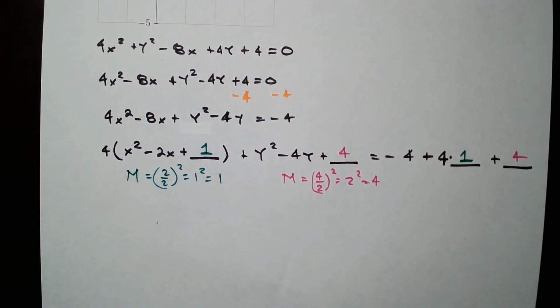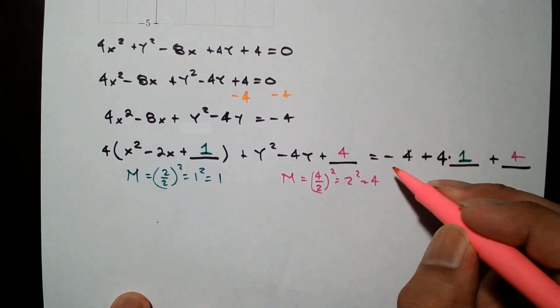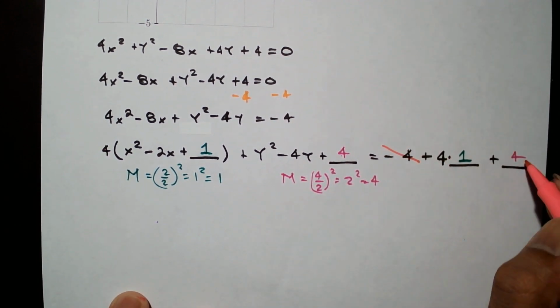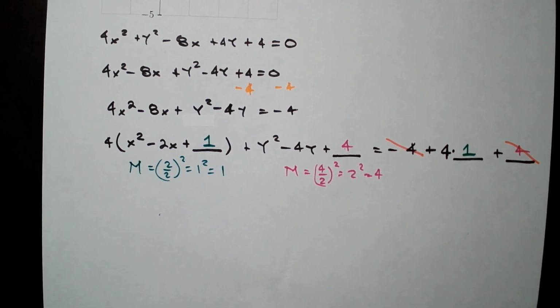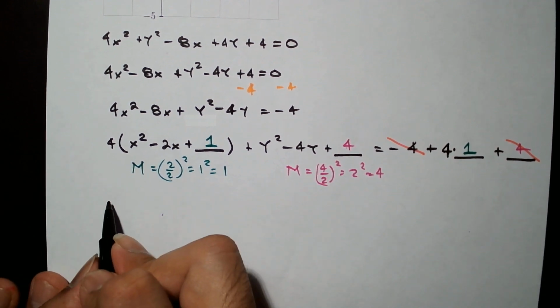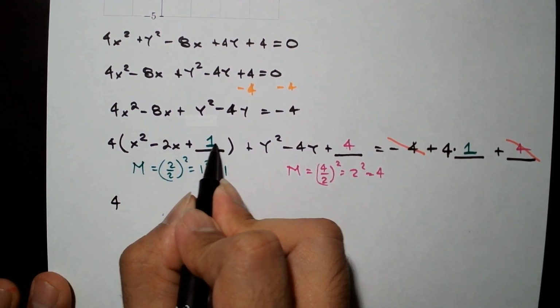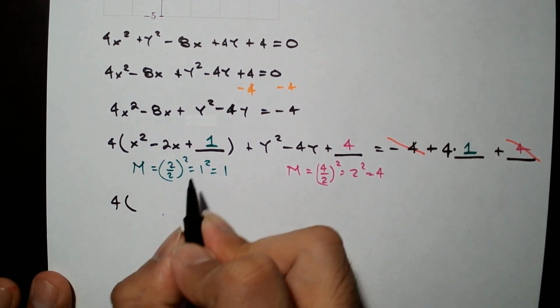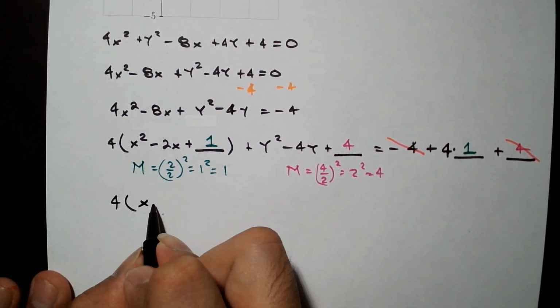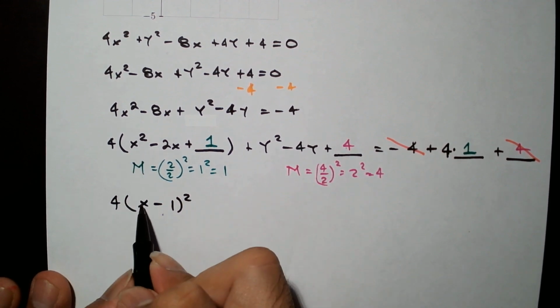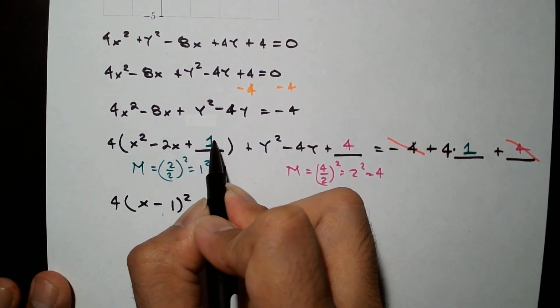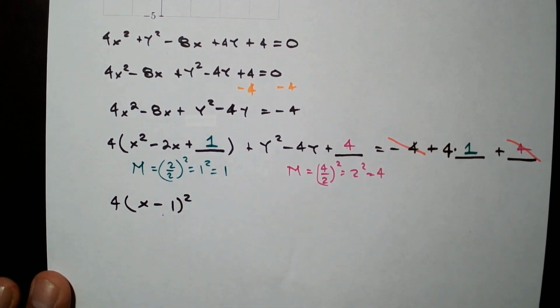All right, notice something interesting here. What's going to happen? Negative 4 cancels with any of these 4s, whichever you want to cancel it with, that's fine. And then what's going to happen? I'm going to have 4 times the factor form of this perfect square trinomial, which is x minus 1 squared, because that's the square root of the first term, the sign of the middle term, and the square root of this second term.